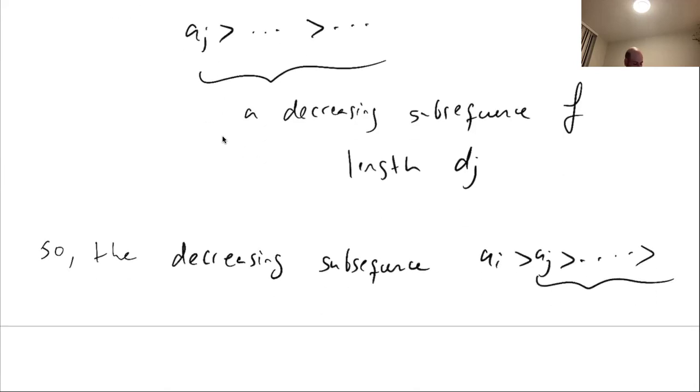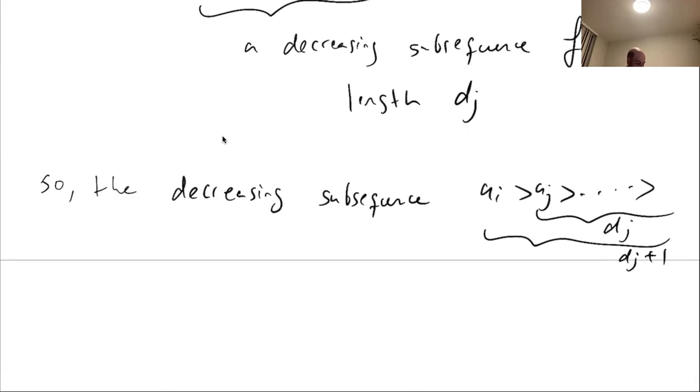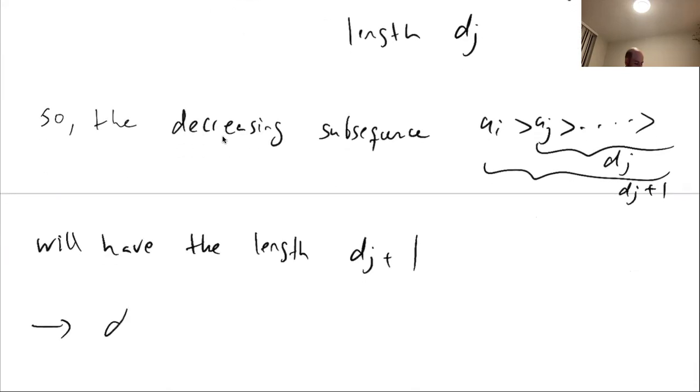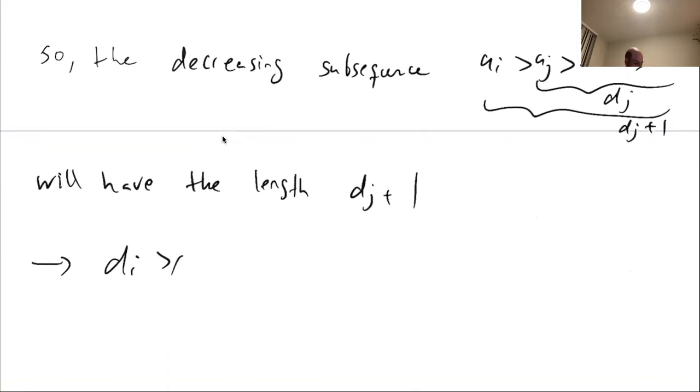So this has length DJ. So this will have length DJ plus 1. Decreasing subsequence, this will have the length DJ plus 1.